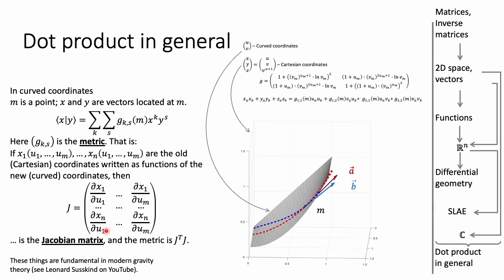Assume that it's non-degenerate, meaning that its determinant is non-zero. In this case, the metric matrix can be assembled from the Jacobian matrix using this formula. It's going to be the product of the transposed Jacobian and the Jacobian itself.